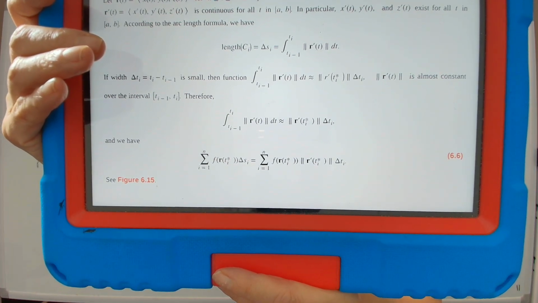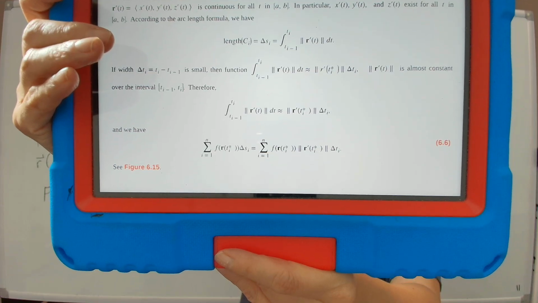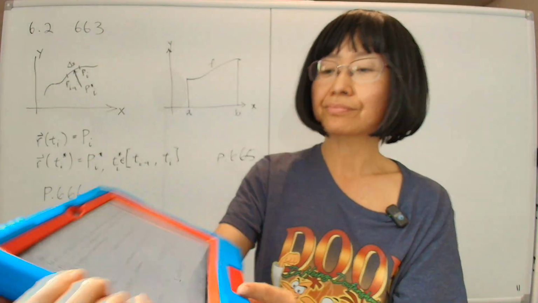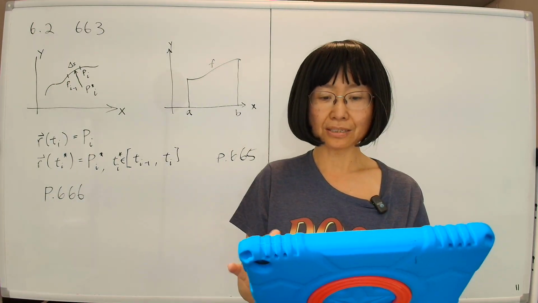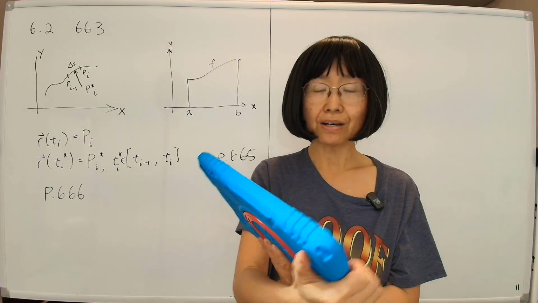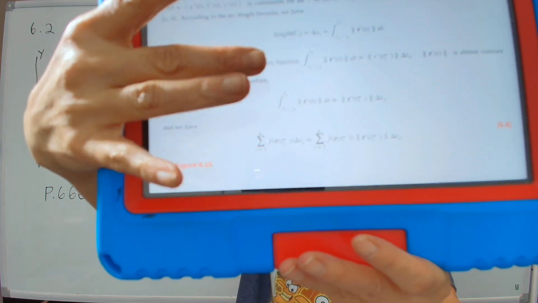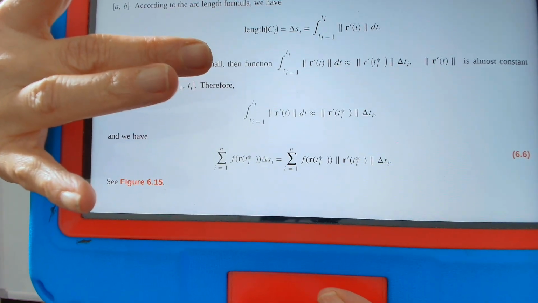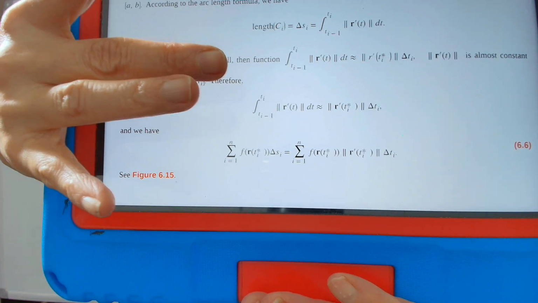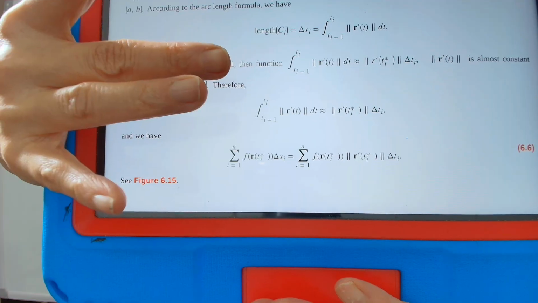The derivative of the vector R. Now, if that is the case, then what we have is that it equals, by the mean value theorem of integrals, this integral is equal to some ti star, which is something between ti and ti minus 1.